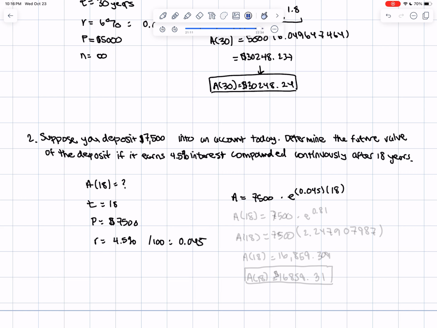Okay, now we just simplify. 0.045 times 18 is 0.81. So E raised to the 0.81 times our initial deposit, so we get 16,859.0309.